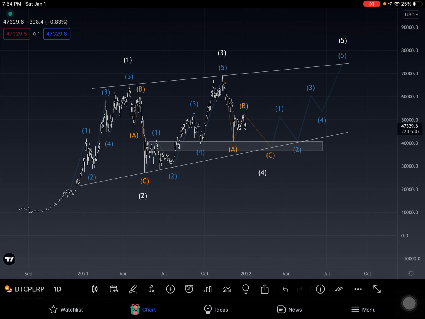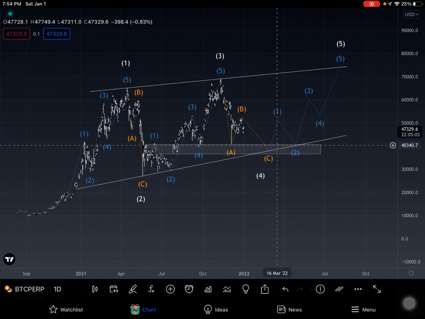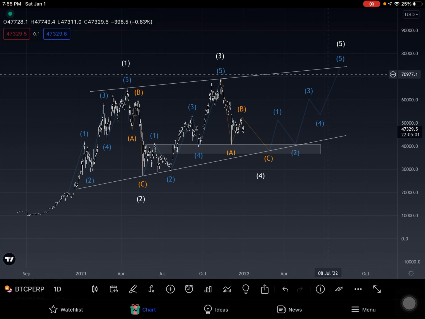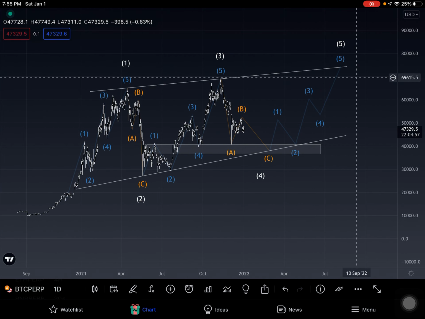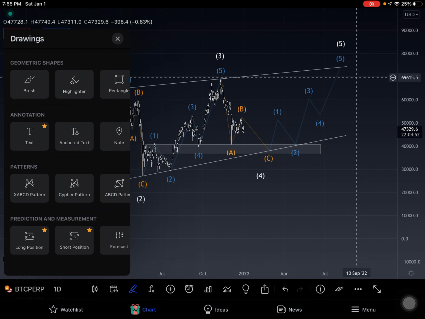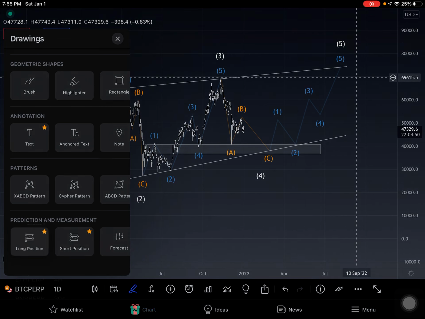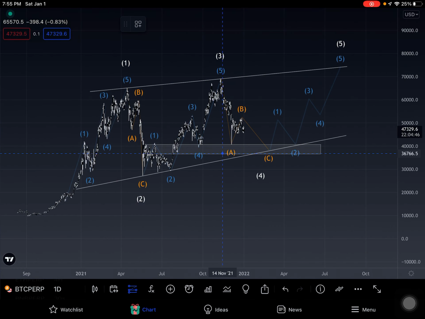So, all right, say Bitcoin does come down here, and I wanted to make a buy to up here. Looking at this pattern and say this Elliott wave was my strategy, I would go here to the bottom left. I would click on the long position you see here. Click on it.